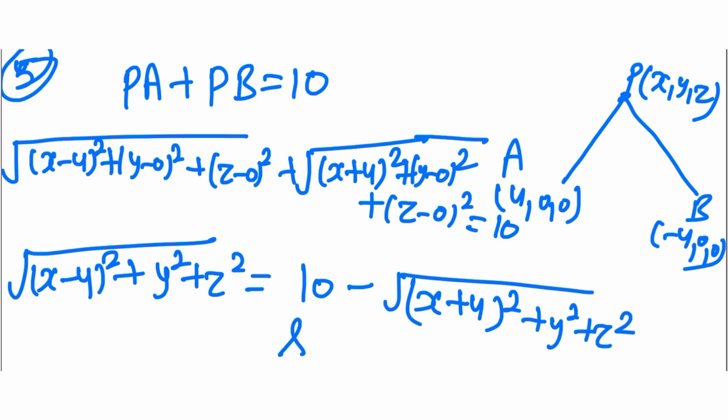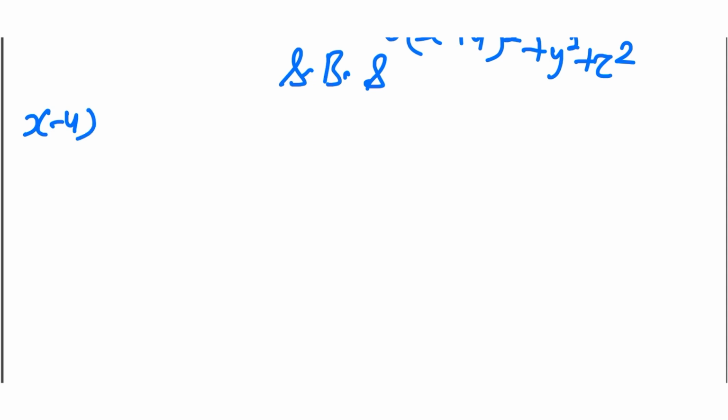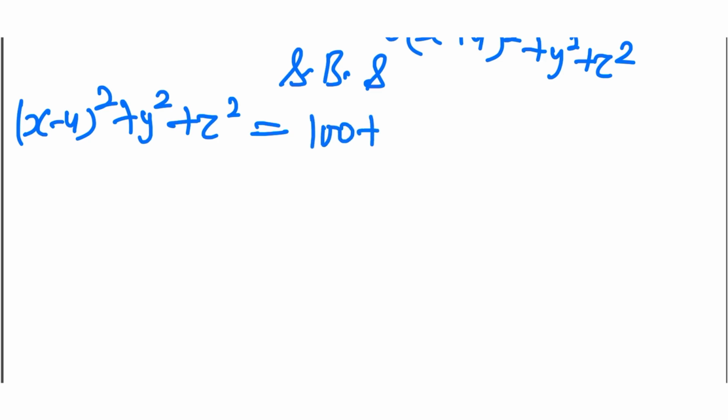Now squaring both sides. So (x minus 4) square plus y square plus z square. On the right hand side it should be a whole square because it has more than one term. So 10 squared is 100, plus b square, so it is (x plus 4) square plus y square plus z square, minus 2ab.